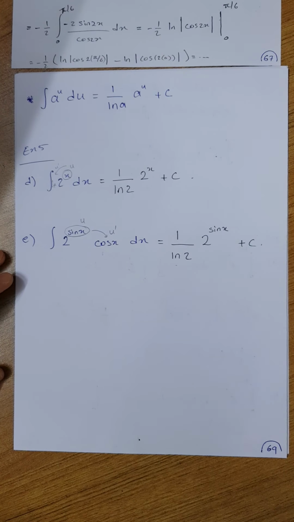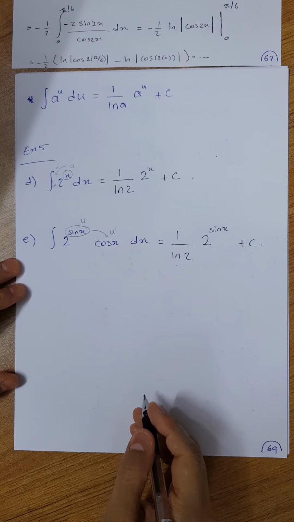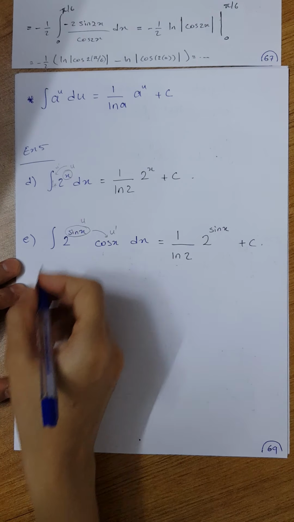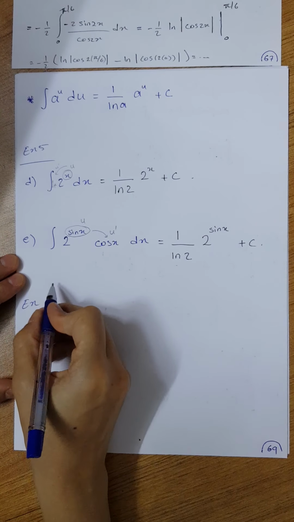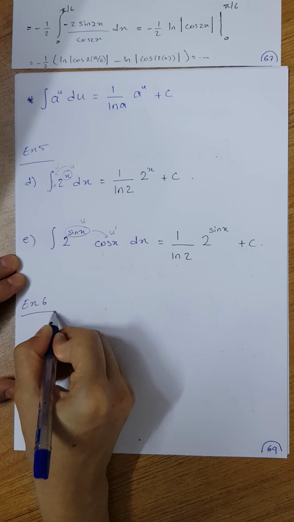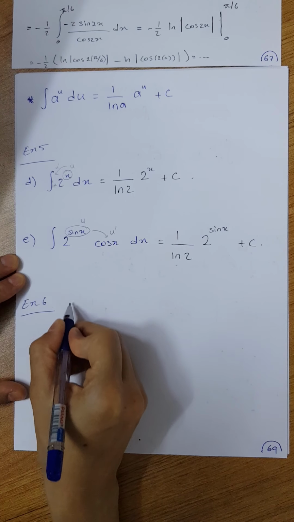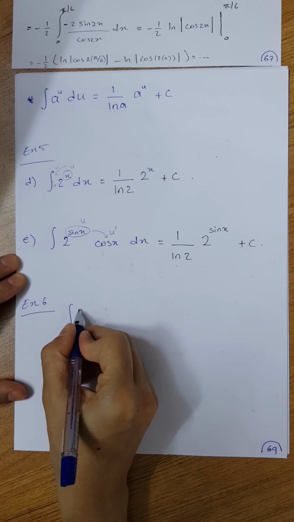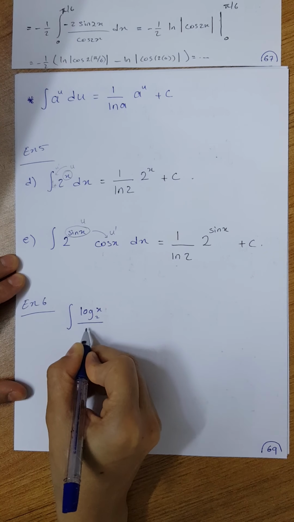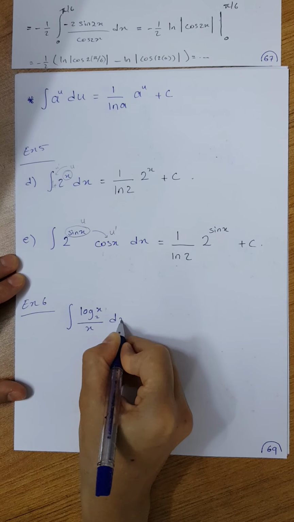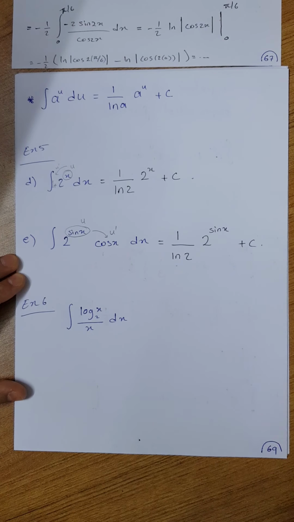Okay, we are coming to the last example that's given in that section, but it is not related to these ones. It's not related to exponential functions, it's related with logarithmic function, but it is an easy one. We've got integration of logarithm of x with the base of 2 all over x, and that's all, of course, multiplied with the dx.